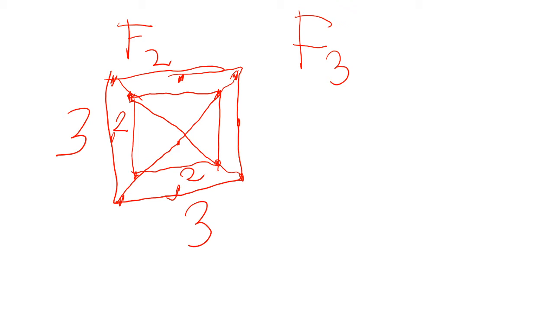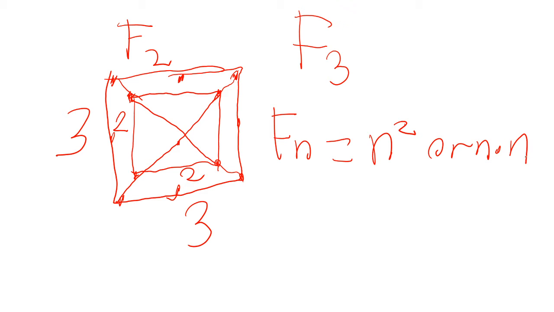Now, notice how F3 forms a 3 by 3 square. We can now conclude that Fn forms an n squared figure, or n times n, if you want to call it that way.